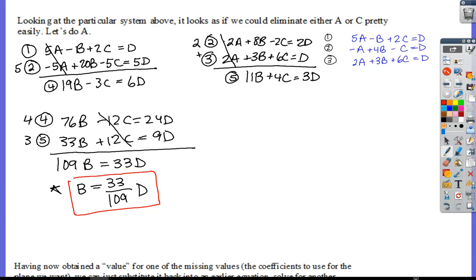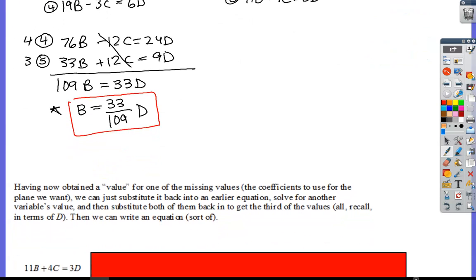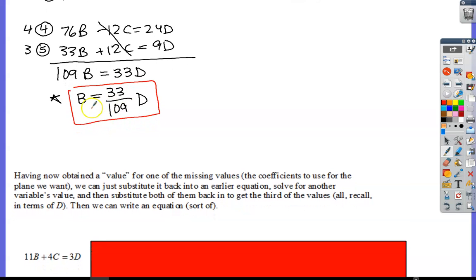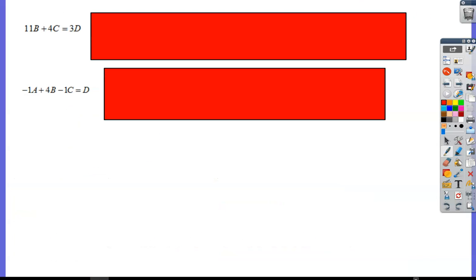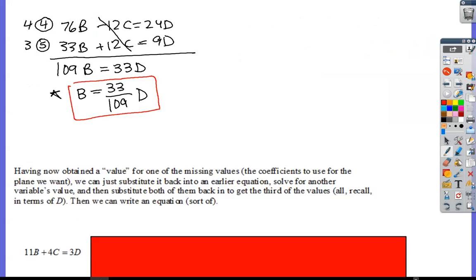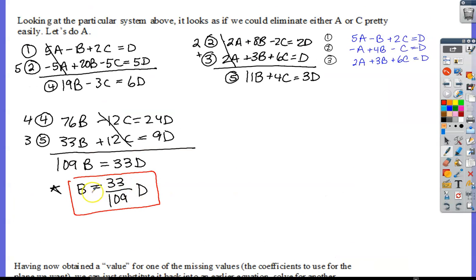So now that we have one of the values, we're going to start using this value of b to go back and get one of our other values. Just like before, what you would normally do is take whatever you got for this and plug it back into one of these two equations, your previous step.